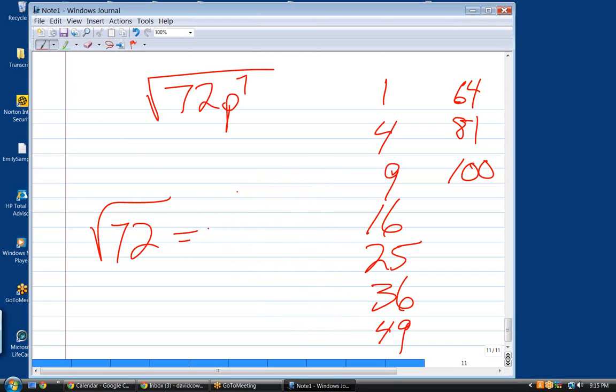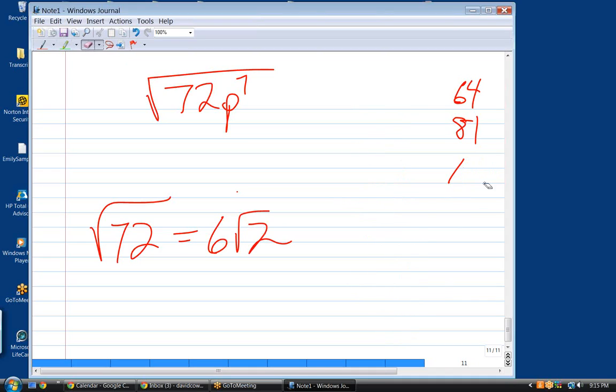So that is 6 root 2. And the other was p to the 3rd root p. Put them back together again, what do we get?